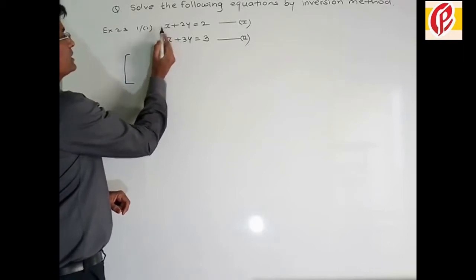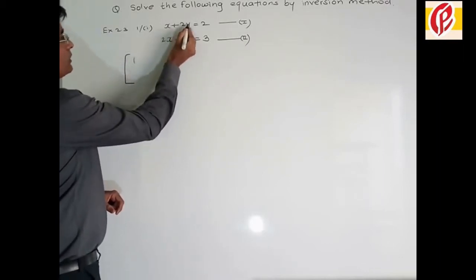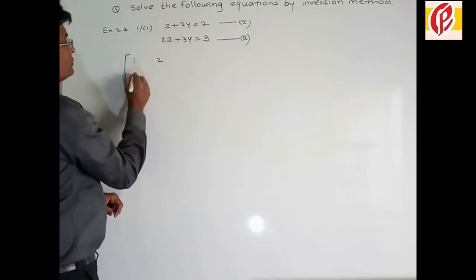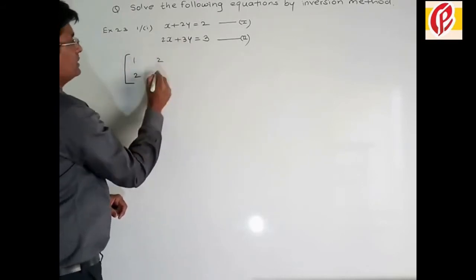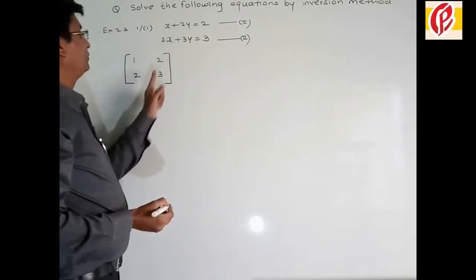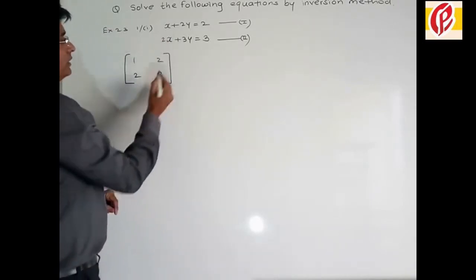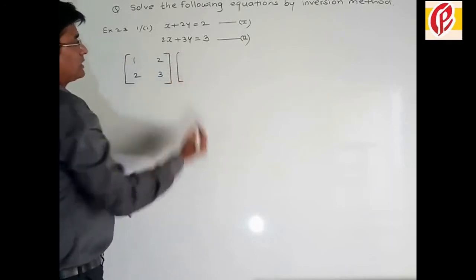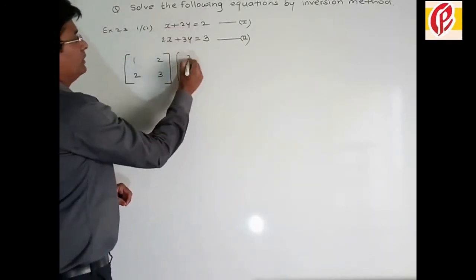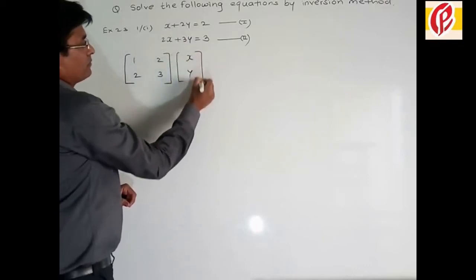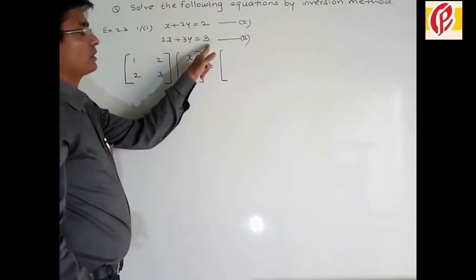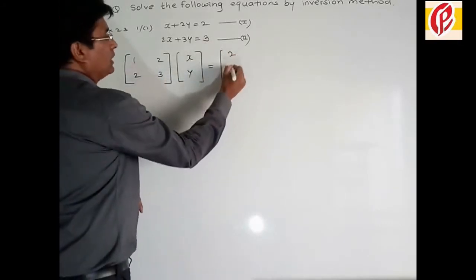Coefficient of x is 1 and coefficient of y is 2, and here coefficient of x is 2 and coefficient of y is 3. So this is the first matrix of coefficients. Then into second matrix of variables, and here variables are x and y, and is equal to third matrix, the constant matrix 2, 3.